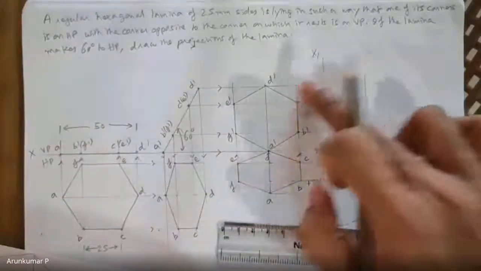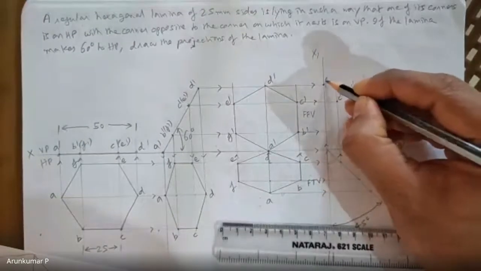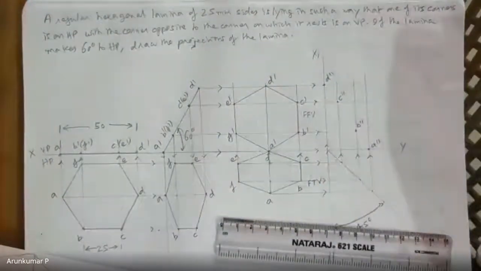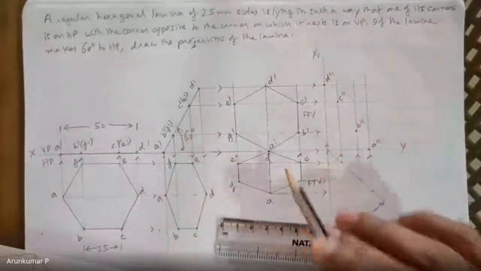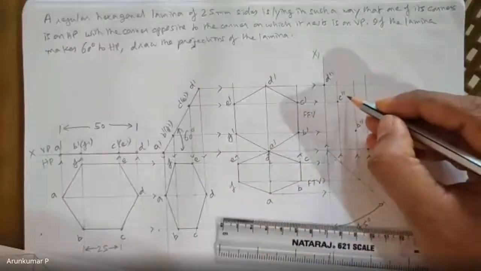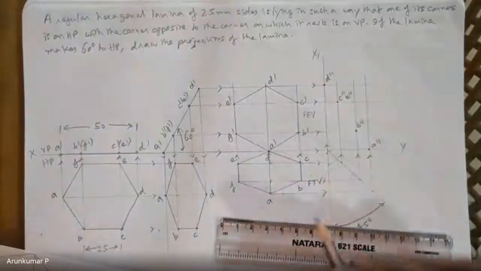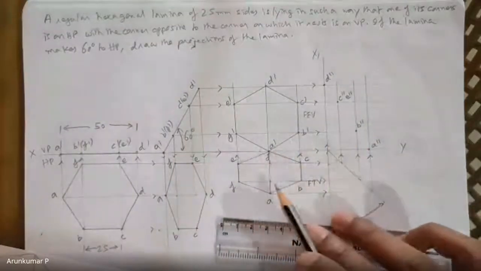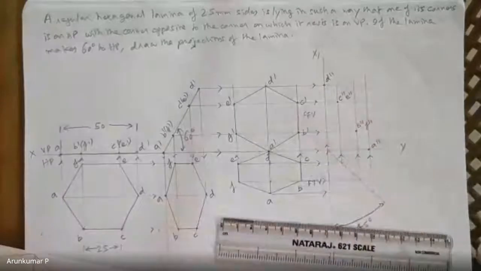Then D and D dash. Point on the x1 y1 line is D double dash. So you can see that pattern. And E and E dash. So C double dash and E double dash are together. Then F and F dash. So B double dash and F double dash are together.